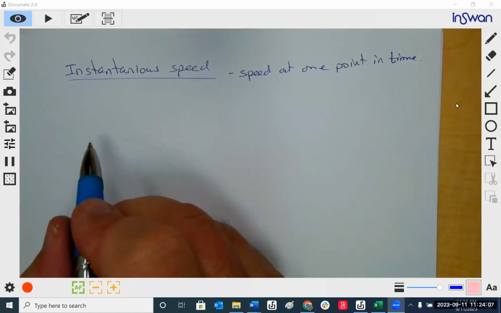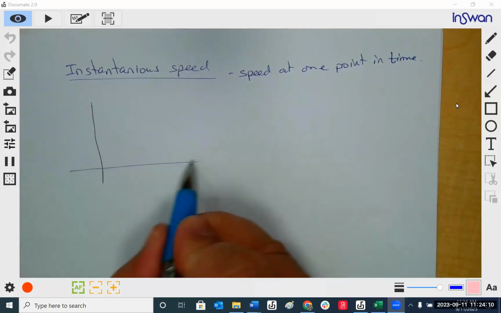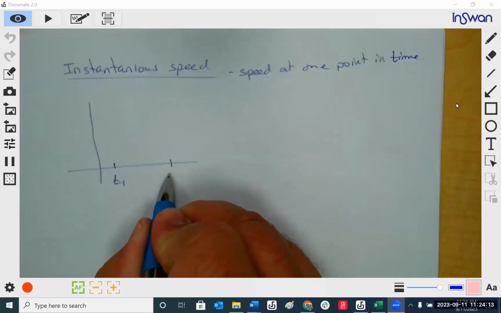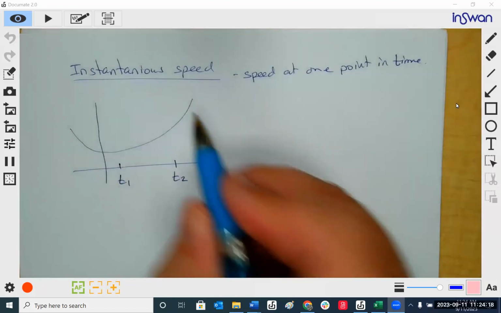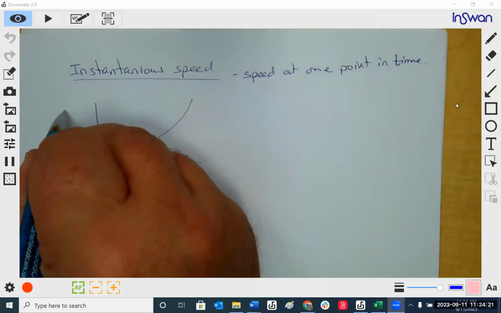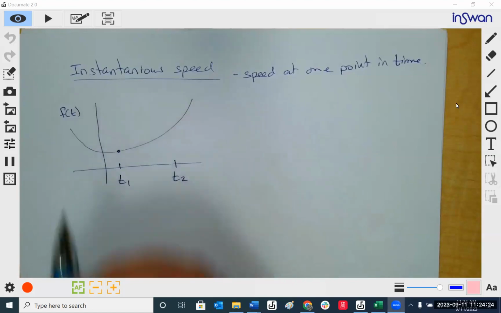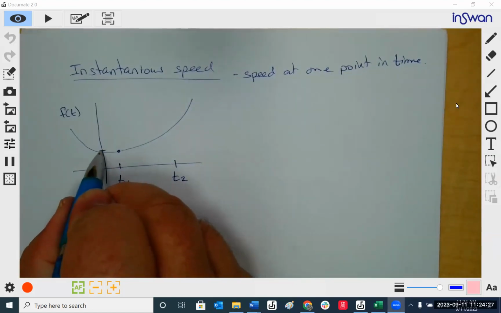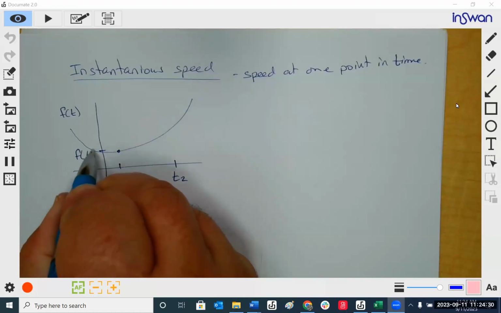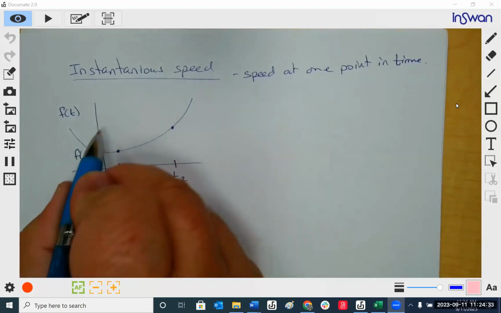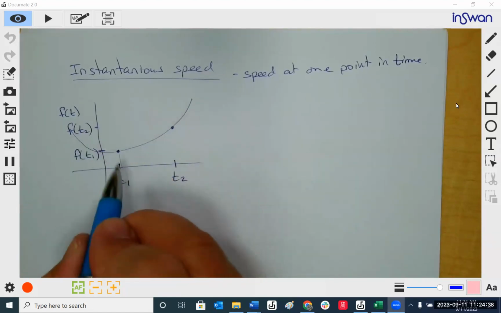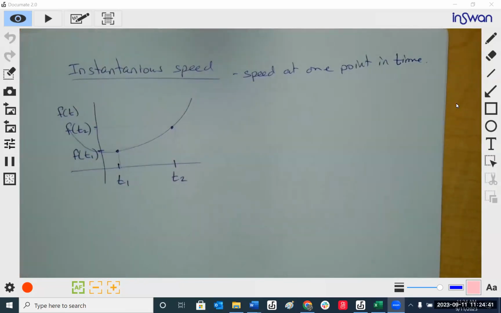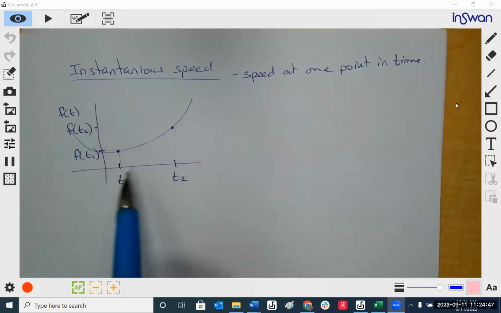So if you think about what happens, let's draw a graph. This is T1 and this is T2. And this is our function, our speed. Because when we find average speed, this is what we're looking at.